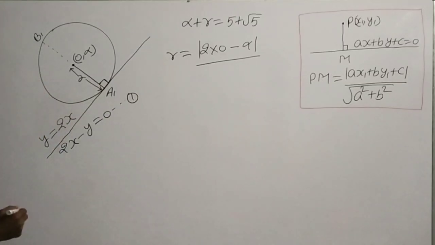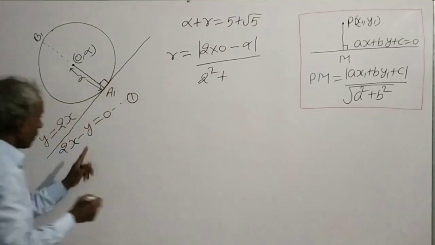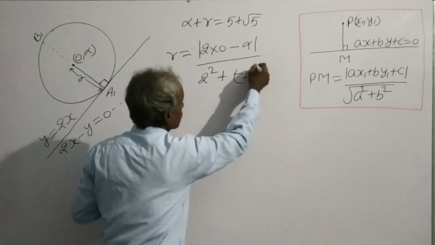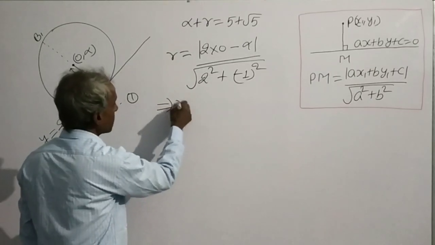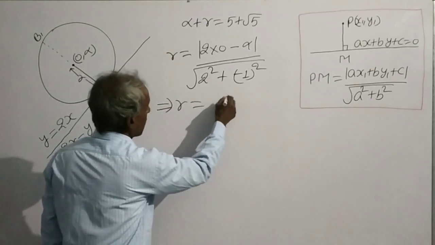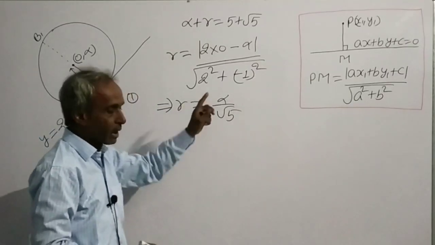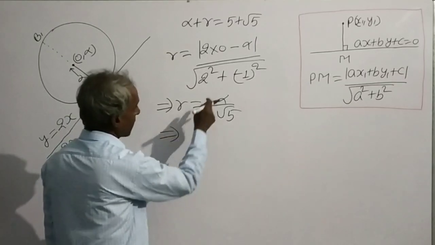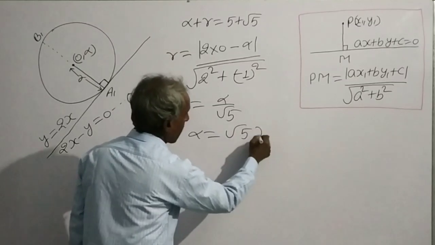Now this is divided by the square root of coefficient of x squared, that means 2 squared, plus coefficient of y squared, that means minus 1 squared. This implies r is equal to alpha by root 5. It is given in the question that alpha is positive. This implies alpha is equal to root 5 r.